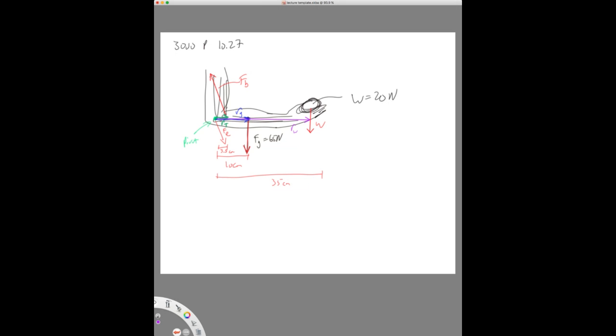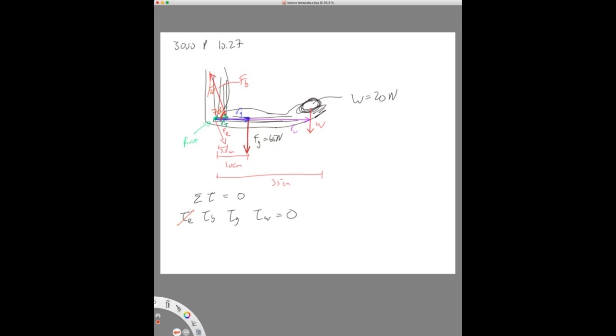Now, they gave us an angle additionally. They said this is a 20-degree angle up here, which means we have a 70-degree angle between the biceps muscle and whichever radius or ulna that it's connected to. So that's our picture. And we can now write down net torque equals 0, where we have a torque from the elbow, a torque from the biceps, a torque from the force of gravity acting on the arm, and a torque from the weight in your hand.